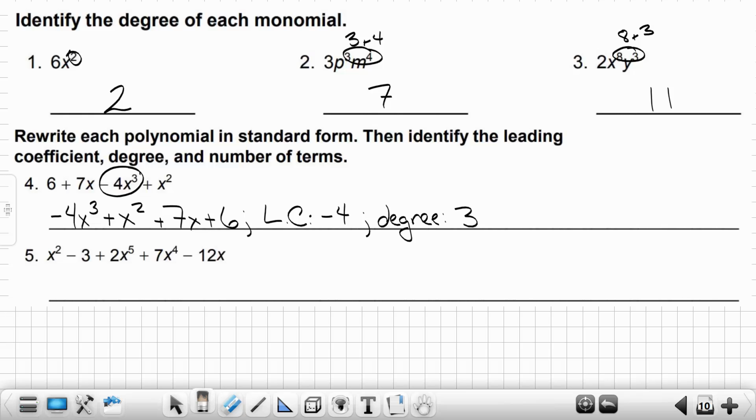How many terms are there? 1, 2, 3, 4. There are 4 terms.